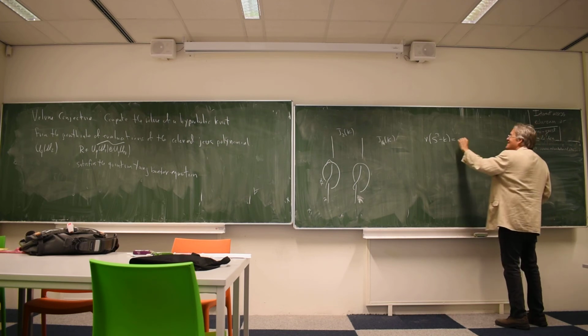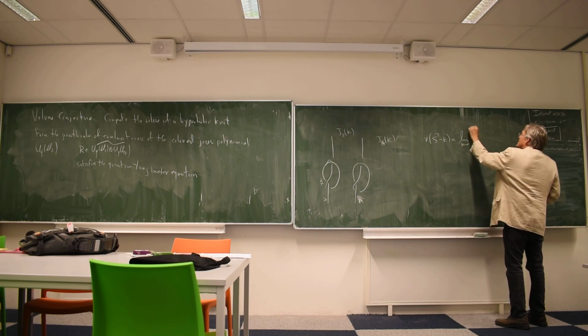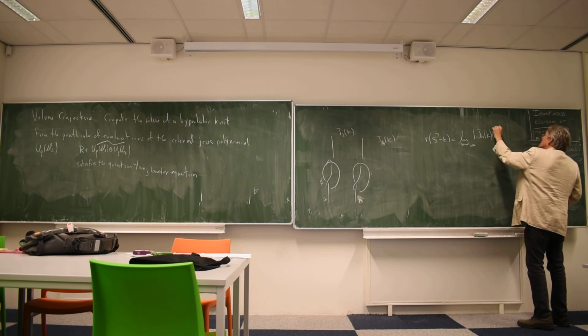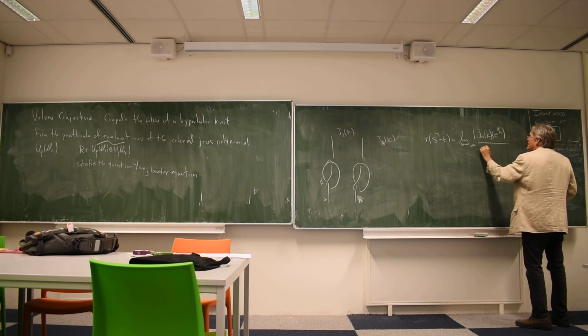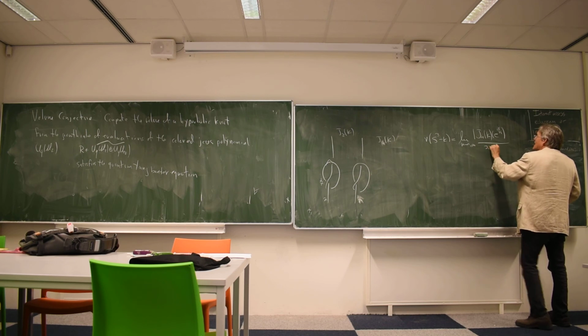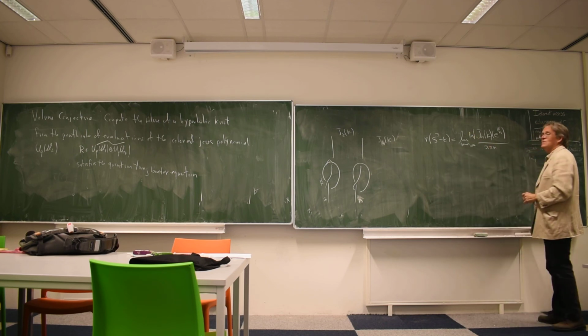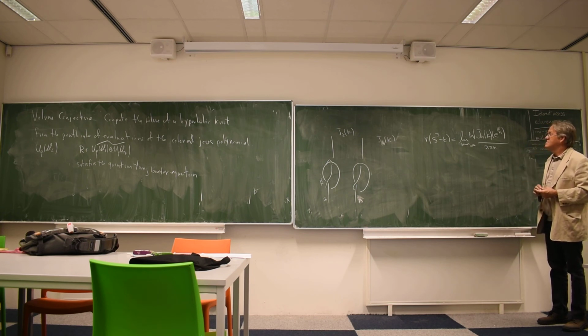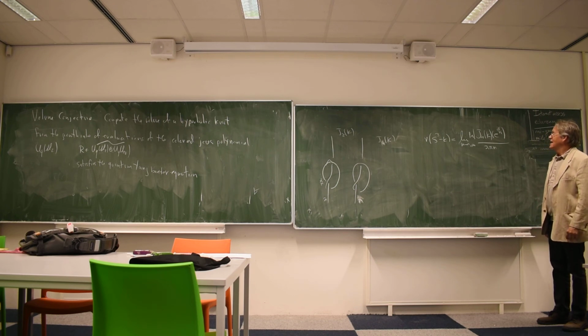Over here is the limit as n goes to infinity of the absolute value of the colored Jones polynomial of K, where we evaluate q at e to the i pi over n, divided by 2 pi n, and we have to take the natural logarithm. Okay, and that's the volume conjecture.